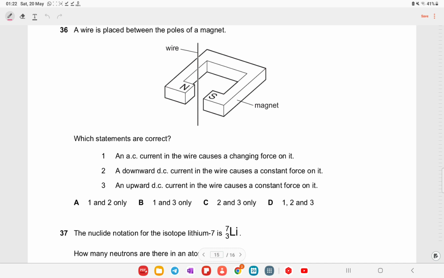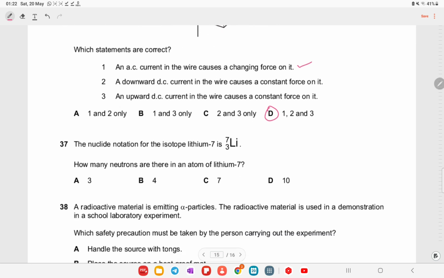The changing force, yes, this is true. Downward, yes, this is also true. So option D is right, so you should study these statements again to find out what's wrong with them. Basically, all three are right statements.